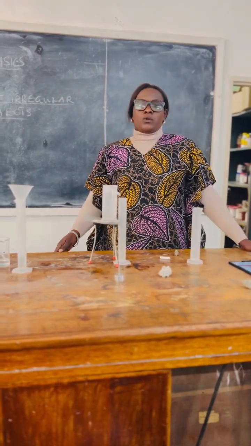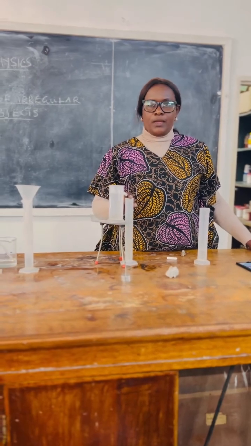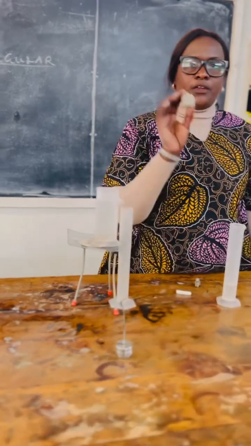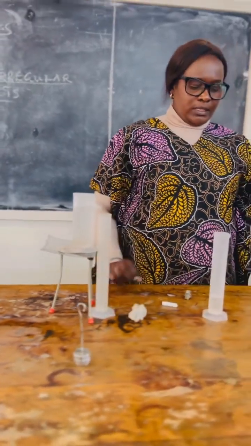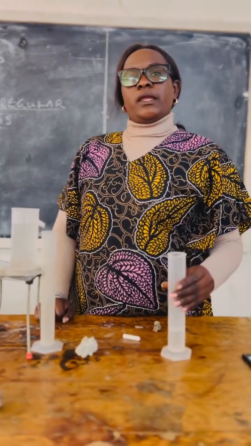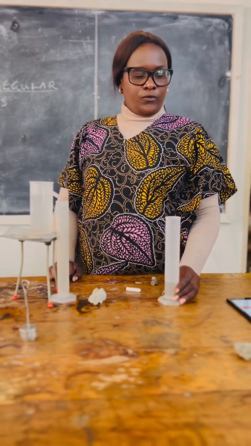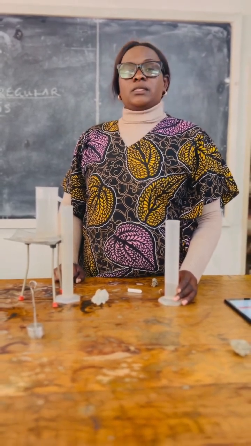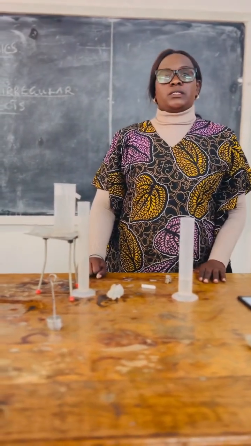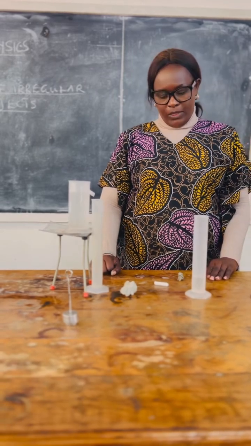One way, we can use the overflow can and the measuring cylinder and the irregular object. The second method, you can use the measuring cylinder with a known volume of water and an irregular object. I'm going to demonstrate how we determine the volume using both methods.